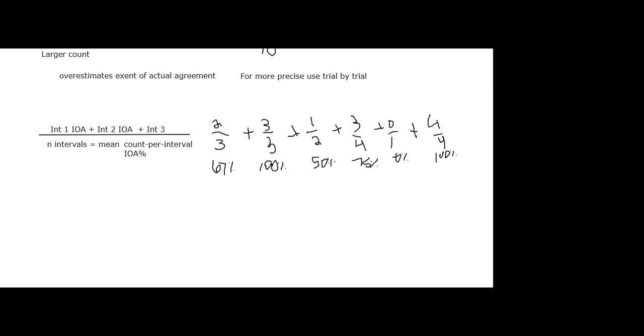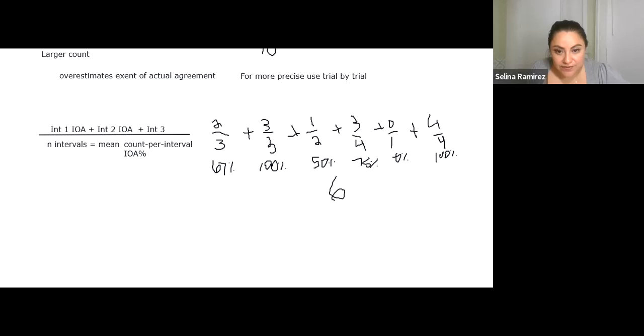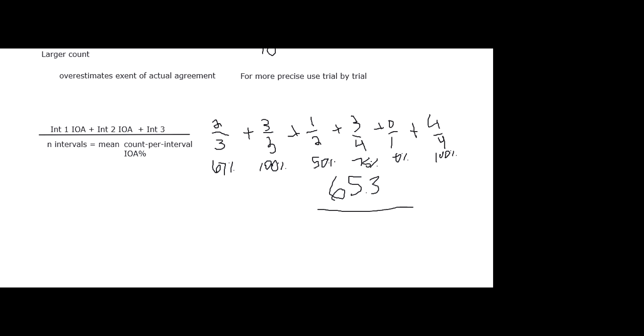65.3. So the top interval is 65.3. Okay, divided by, oh wait. That is not going to be any more division. That's our mean count.